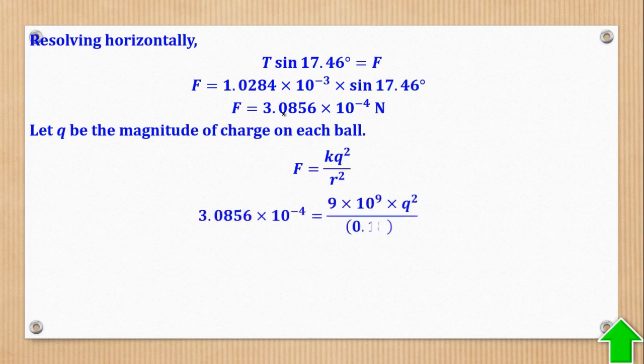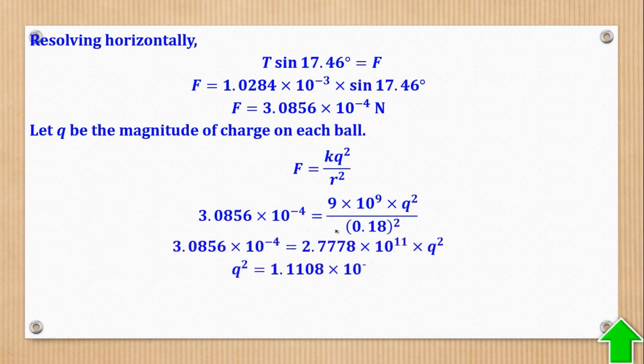So in this case I have F, which is that, and I have the separation, which is this, and the k is that. So I have only one unknown. Now my aim is to look for a way of making it the subject. So when I divide, I'll come up with Q squared as that, put square root to come up with the value of Q as that. And that's what they wanted.